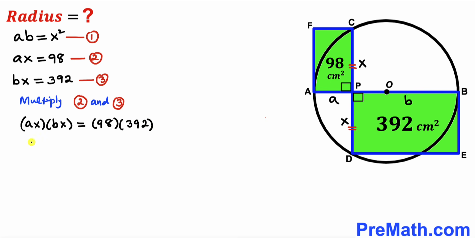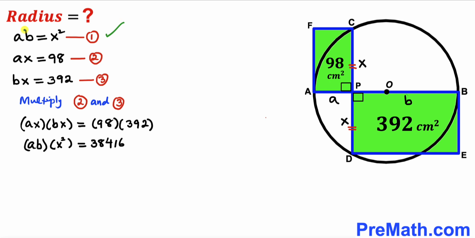The left hand side can be written as a times b times x square, which is going to be equal to 38,416.